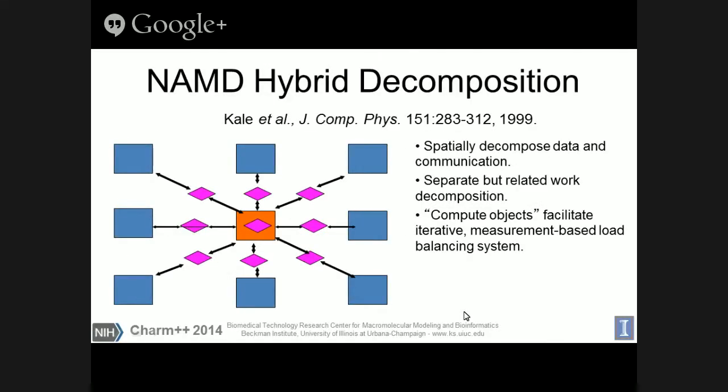The design in NAMD goes back quite a ways, and it was evolutionary or revolutionary and somewhat underappreciated at the time that we have these spatial domains and sort of independently separate the decomposition. So it's not purely a spatial decomposition, it's a hybrid space and work-based decomposition. The data domains pretty much stay put, but we can dynamically load balance the work.